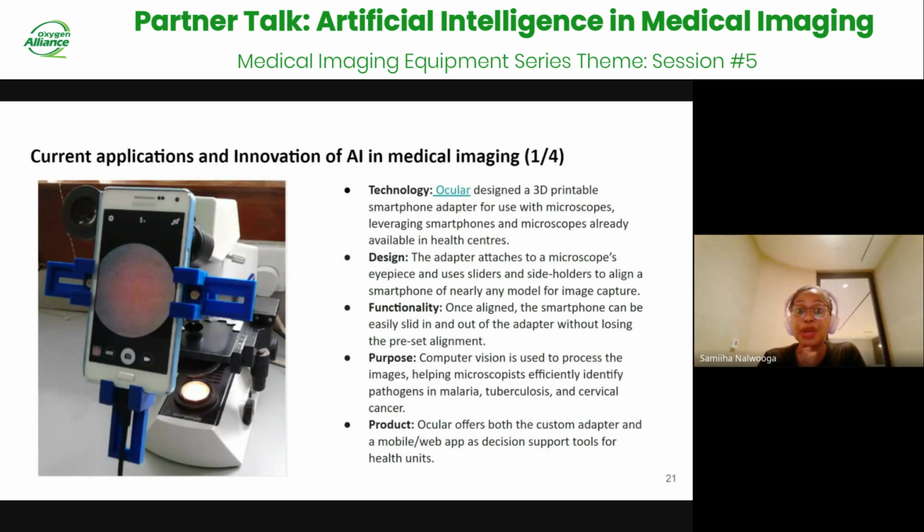It's not the microscope and the adapters, it's the algorithm that has been designed to process those images taken using a microscope. After processing them, it can tell if those images contain pathogens in malaria, tuberculosis, as well as cervical cancer. I have left a link in my presentation. You can click on it and visit the website and see the interesting work that is being done using artificial intelligence in our own countries in Africa.